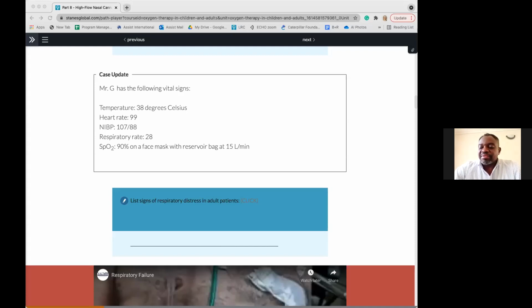Every time the patient breathes, you find that the chest is sinking either above the neck or in between the ribs. This means that the body is trying to bring more air into the lungs, now using accessory muscles, everything that the patient has, so that they get enough oxygen. Remember, this patient is short of oxygen. That is why they're having this distress.